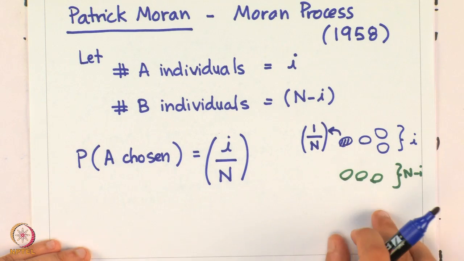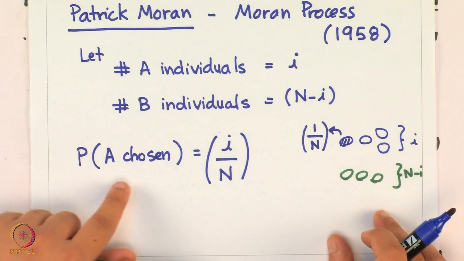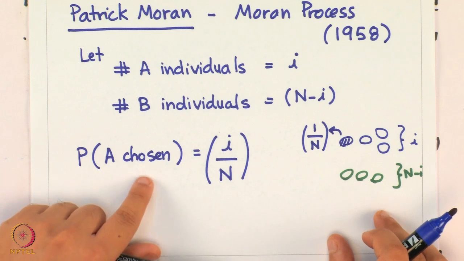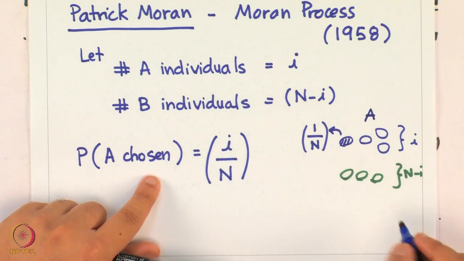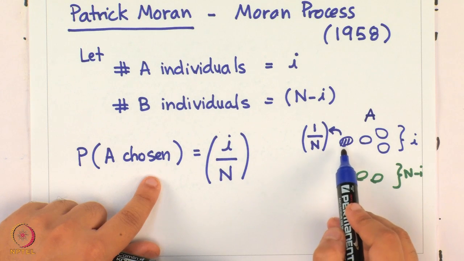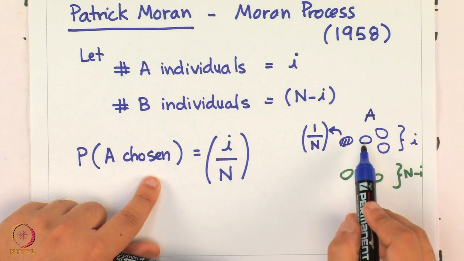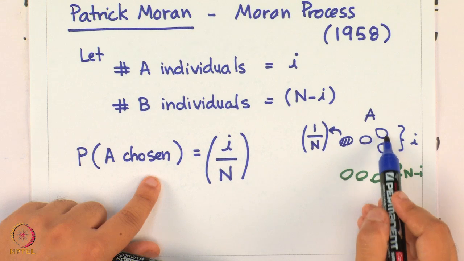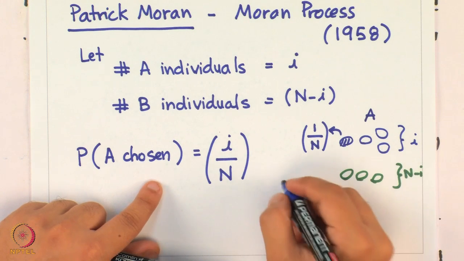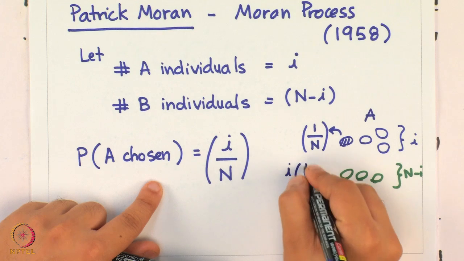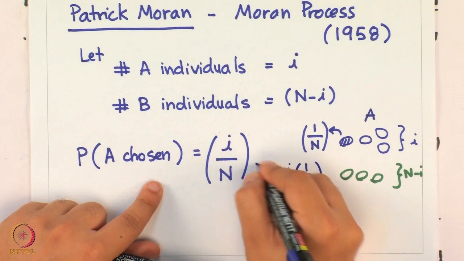And now when I am computing the probability that eventually I draw one of the blue genotypes, which let's say is genotype A, then I just add the probability of drawing this cell plus this cell plus this cell. Since there are I such individuals, the total probability will become I times 1 by n, which is just I by n.